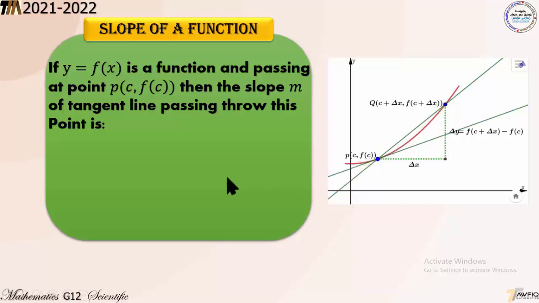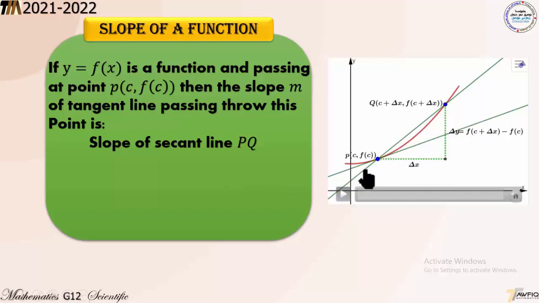And now, as we know that the slope of a straight line is y2 minus y1 over x2 minus x1, here the slope of the secant line PQ is f of c plus delta x minus f of c over delta x.